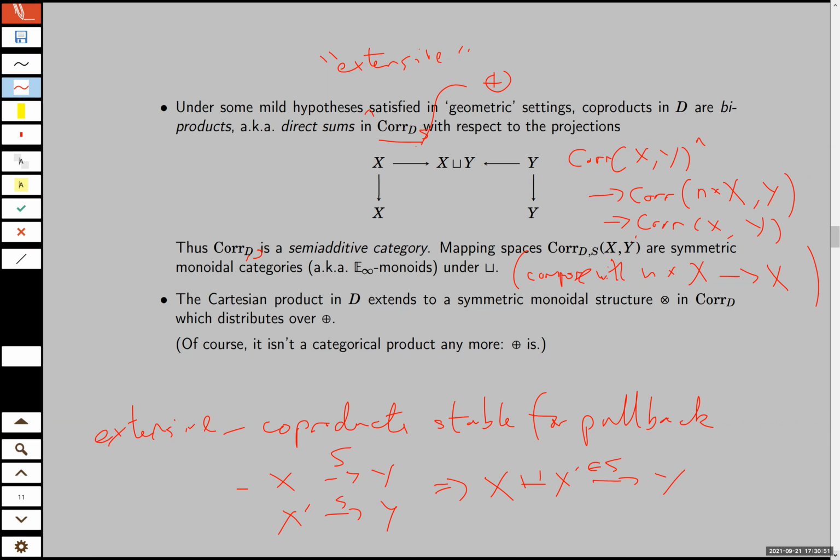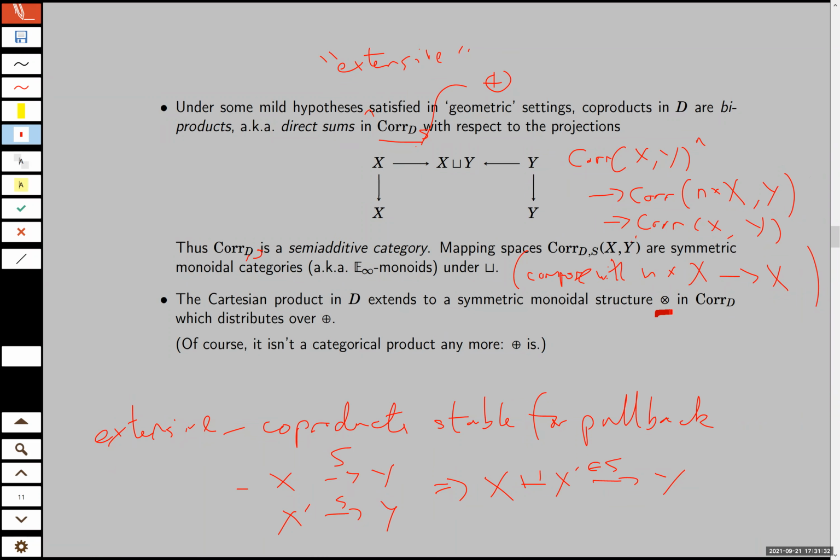And finally, we have a Cartesian product in D because we assume that D is finitely complete, and this becomes some binary operation in core D, but it's not a product anymore. It's just something else. So I write it as the tensor product symbol to make sure it's clear that we're not expecting the categorical product property for this thing, although it does still come with additional structure over a general symmetric monoidal structure, which is that it has its projections to the two factors.